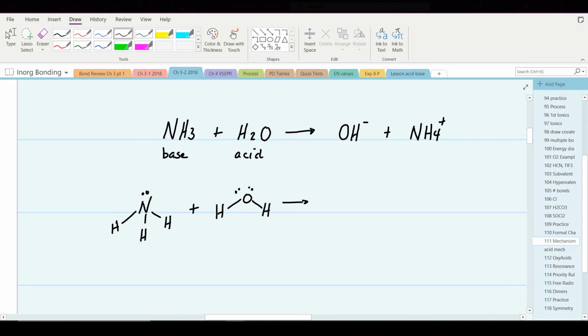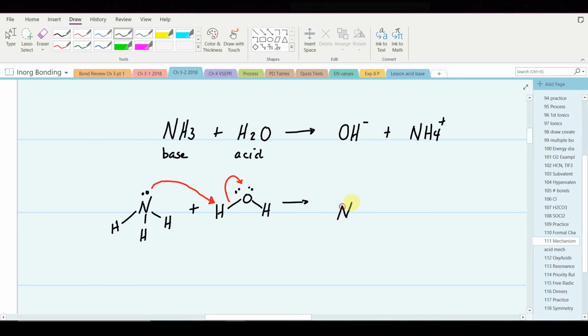So here's the mechanism. Our Lewis base is an electron pair donor. It's this pair of electrons that forms a bond with the hydrogen in the water. Now, hydrogen can only form one bond at a time. It can't be bonded to both oxygen and nitrogen at the same time. That means this pair of electrons has to come over here and stay with the oxygen. That gives us the structure.